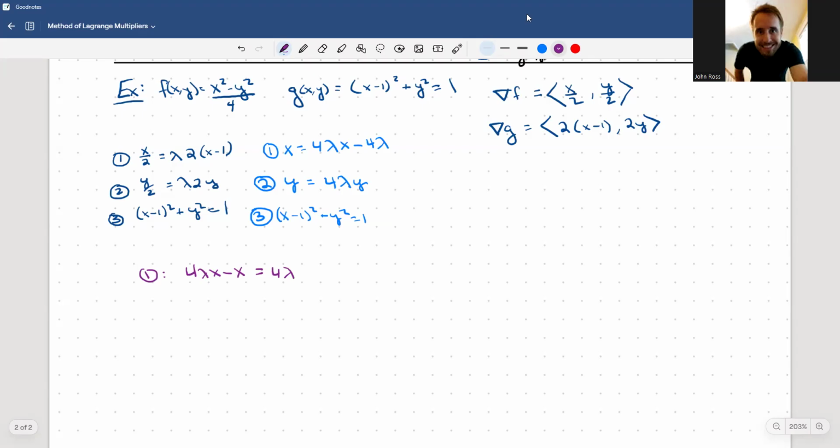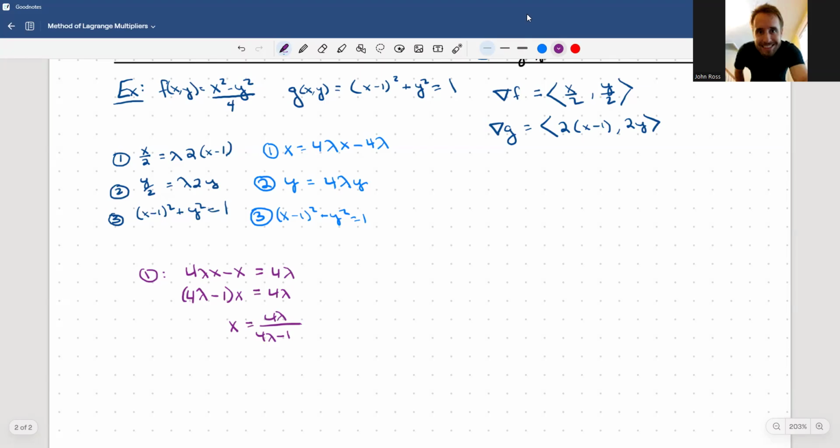So I got all my x's grouped on one side of the equation. In the next step, I will factor out this x. So (4 lambda minus 1) times x equals 4 lambda. And so we have an expression for x that is just in terms of lambda: x equals 4 lambda divided by (4 lambda minus 1).